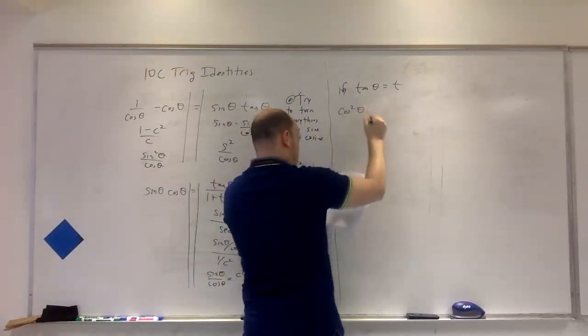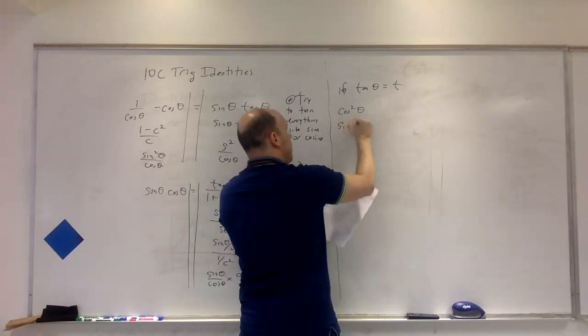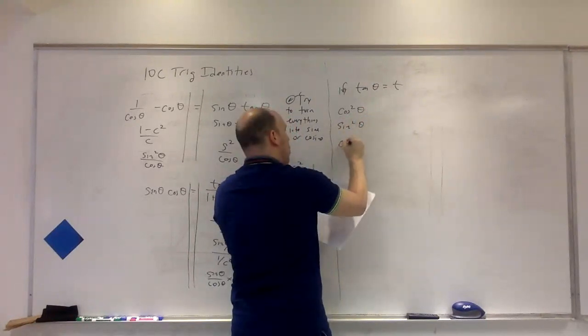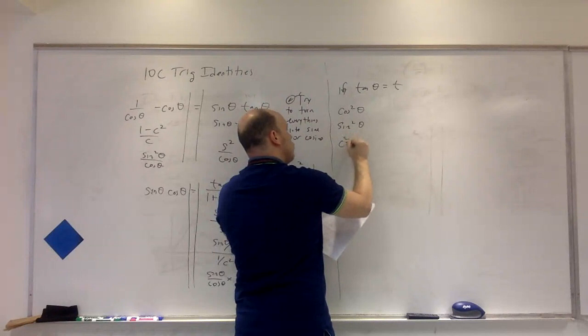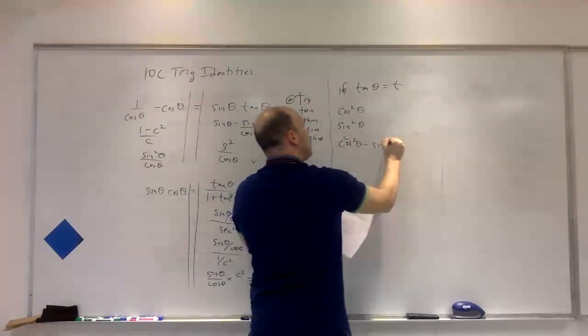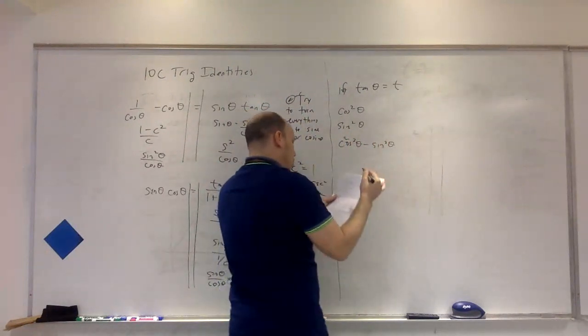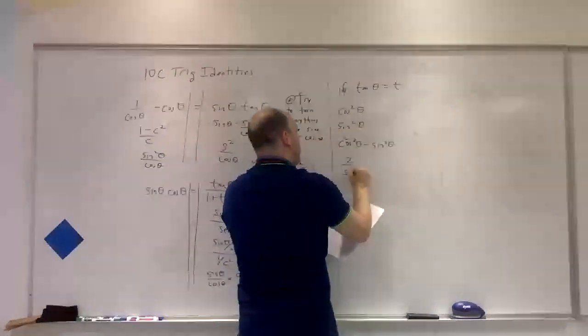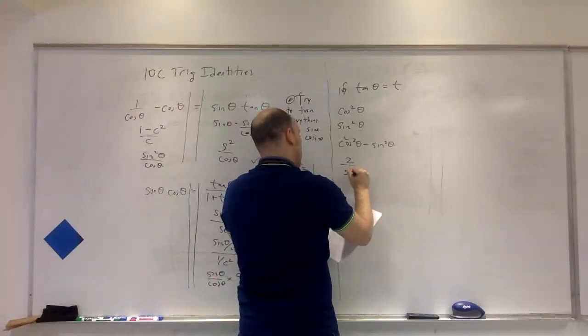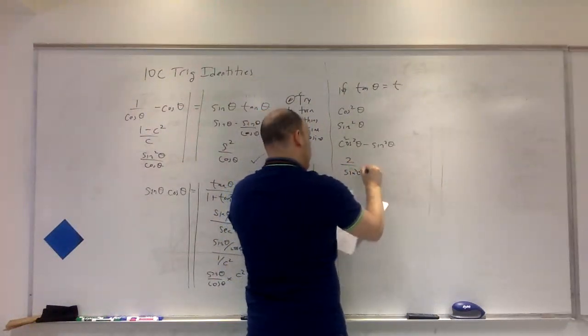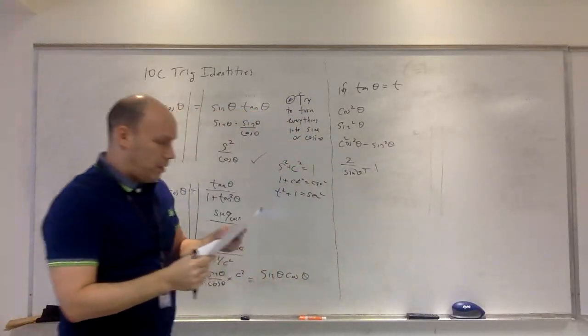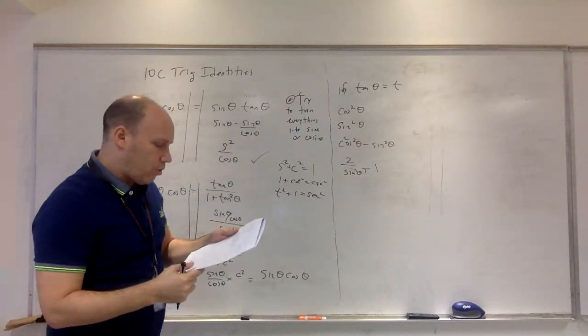What is cosine theta? What is sine theta? What is cosine squared theta minus sine squared theta? And they're going to ask you 2 over sine theta plus 1. So I want you to think about these.